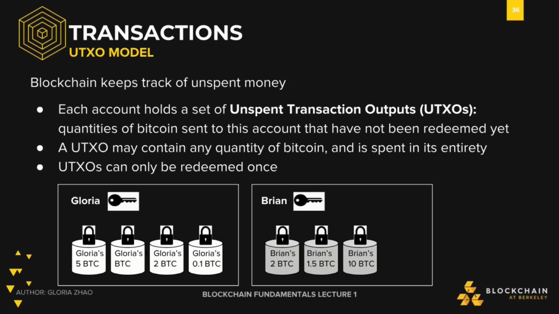So in Bitcoin, instead of having an account with a balance, each person has an account with unspent transaction outputs, or UTXOs. Transaction is TX, just to say that explicitly. So a UTXO can contain any amount of Bitcoin, and it's just money that someone has sent to you. So if someone has sent you money, it's basically this piggy bank that they give you with an amount of money in it.